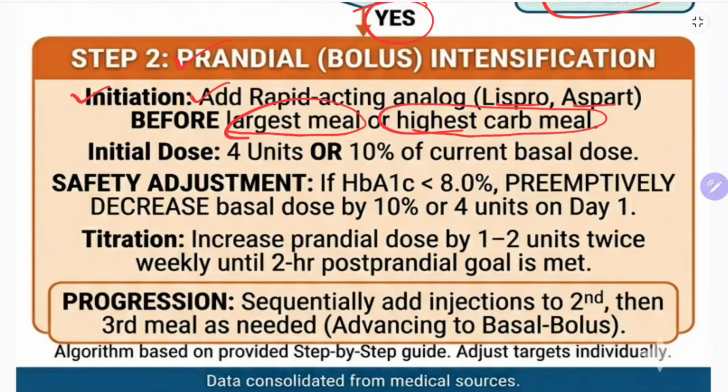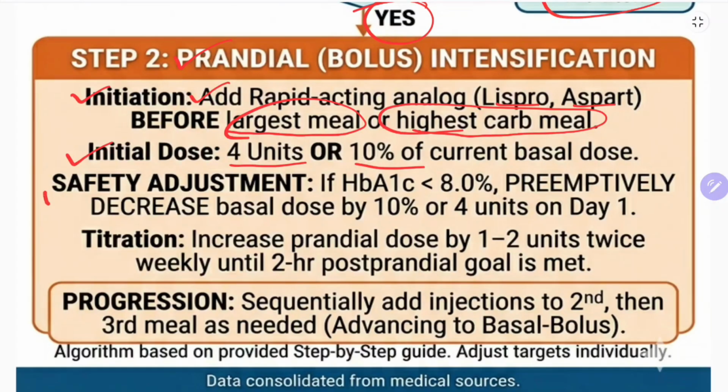Depending upon that, before the largest of the 3 meals, the first prandial insulin should be given, only one time. The initial dose is either 4 units or 10% of the current basal dose.